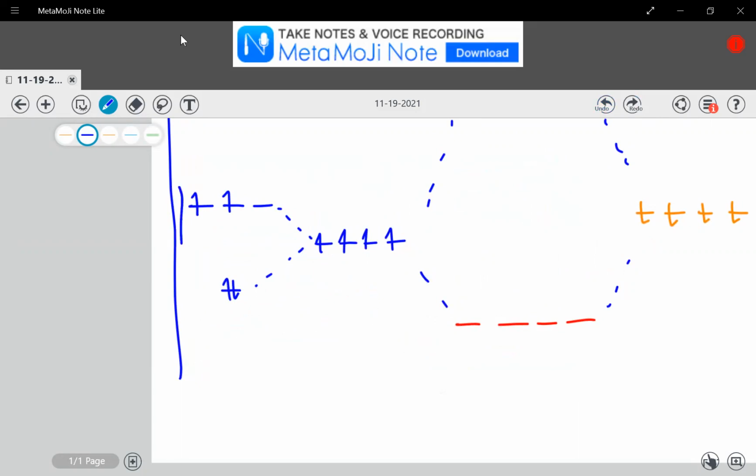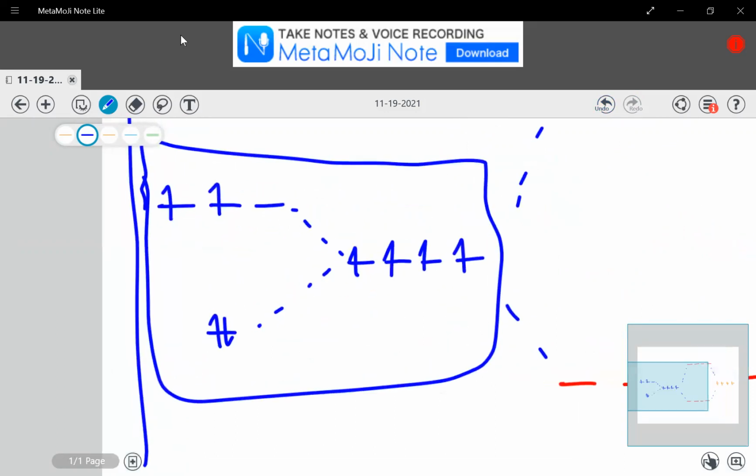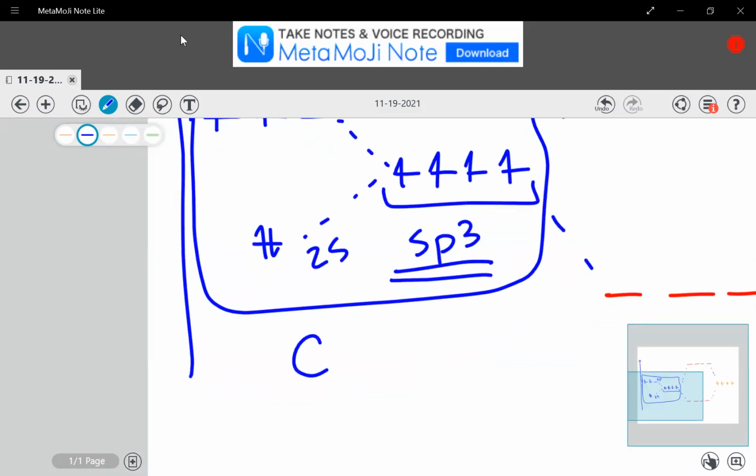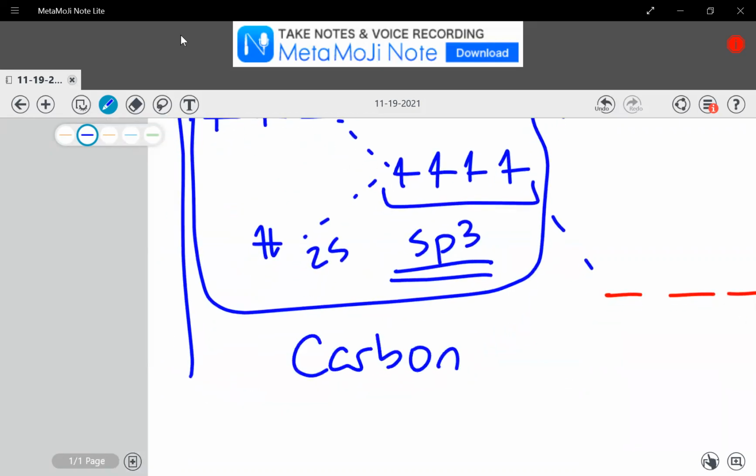And once upon a time in the land of carbon, a 2p orbital combined with a 2s orbital, and they created four sp3 orbitals. This is inside the carbon atom.